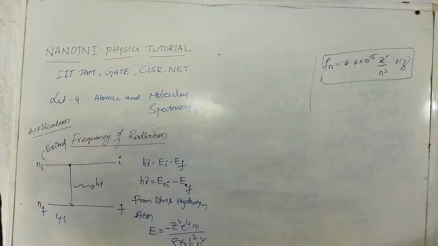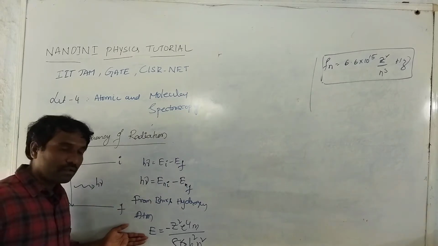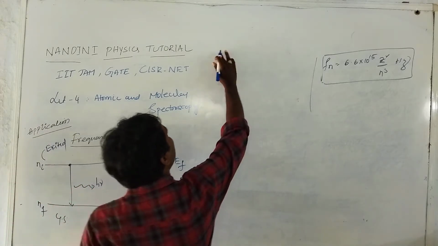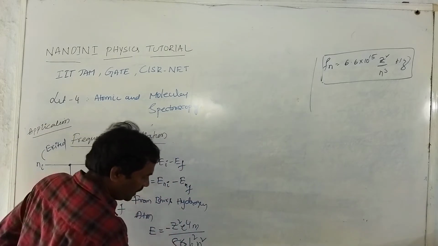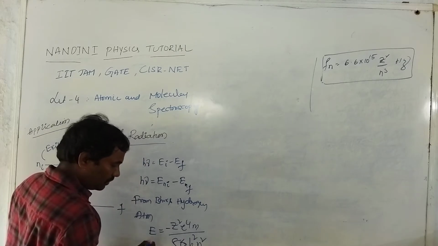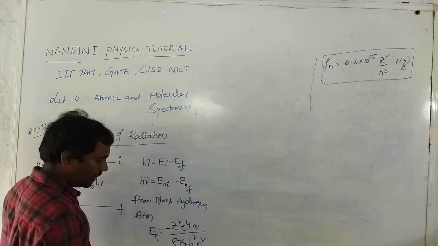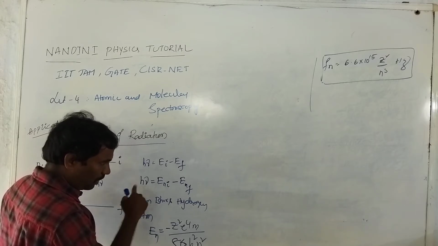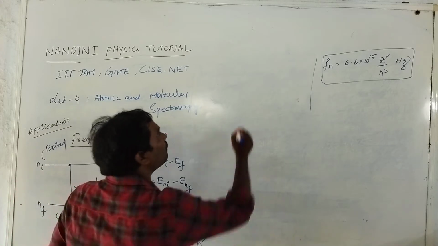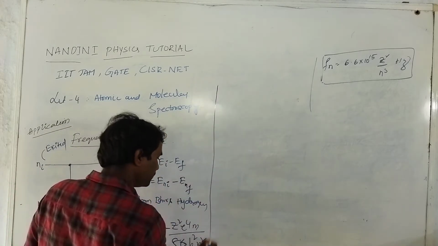This is the energy equation of the Bohr hydrogen atom, the energy of the nth state. Now I will consider this as the initial energy as well as the final energy. From this equation you will write it.